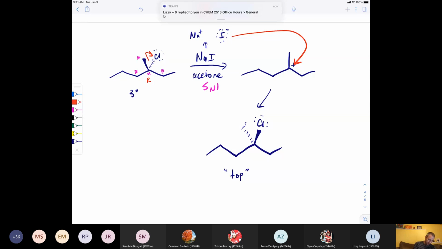It can come from the top or the bottom. So that's the top. Or it could come in from the bottom instead. So in the top example, we have S, and in the other example, we have R.